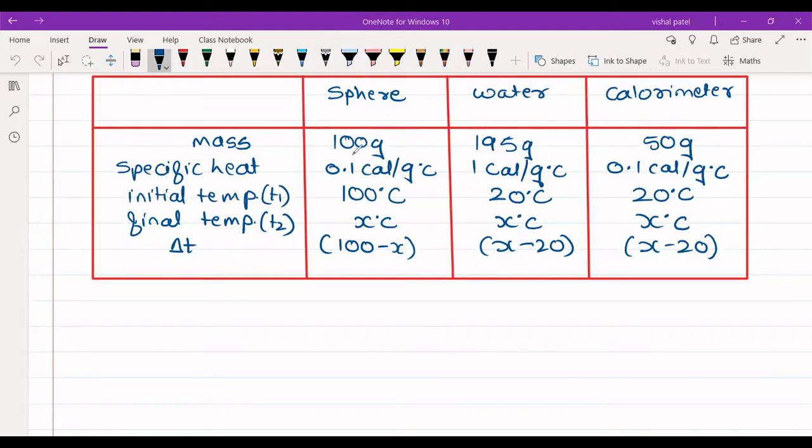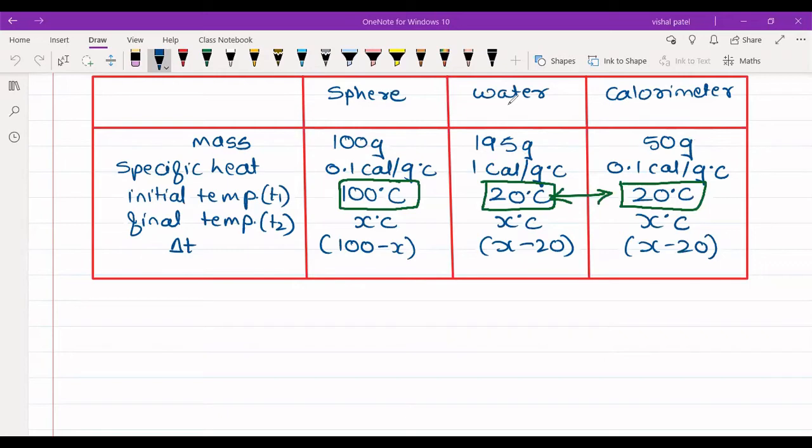Okay, that is the first thing given. Next, they have given the specific heat of sphere. Water, so we know it is 1, and calorimeter, they have given 0.1. Okay, in the question, the temperature of sphere is 100. It is hot at a high temperature. And see students, I have taken the water and calorimeter at the same temperature, 20.